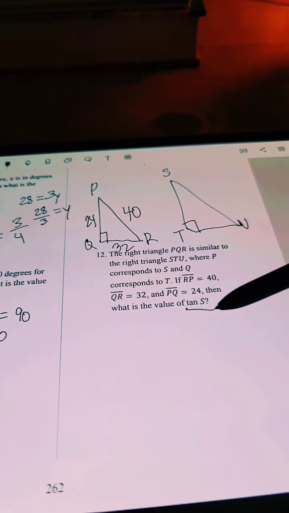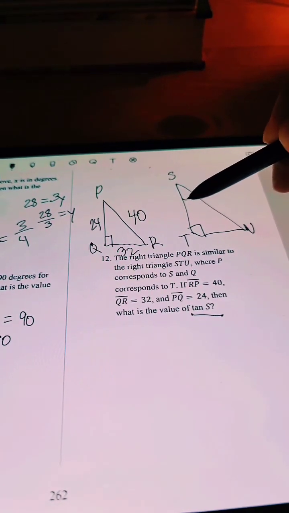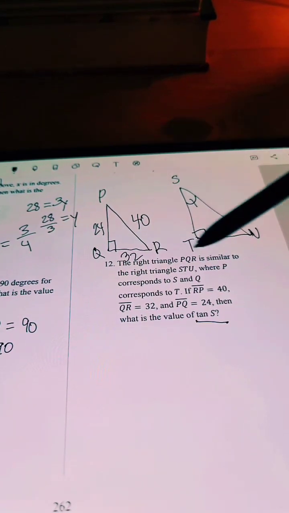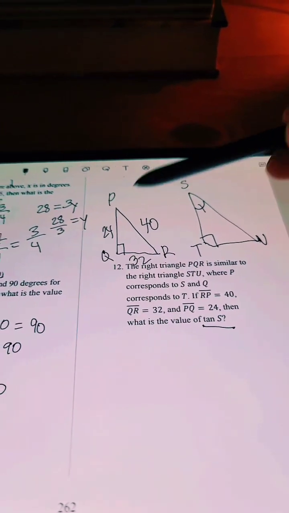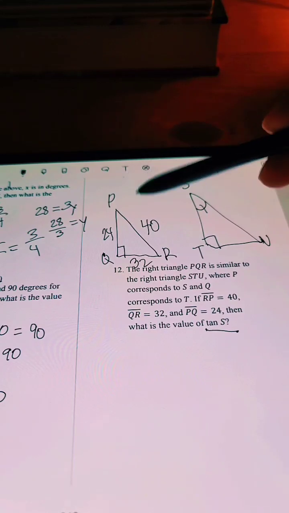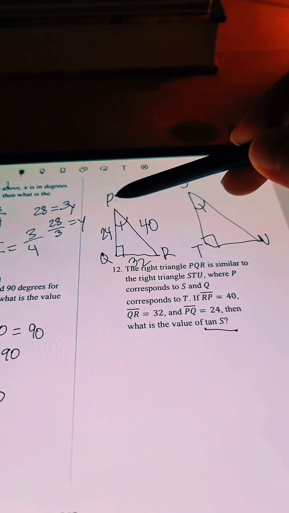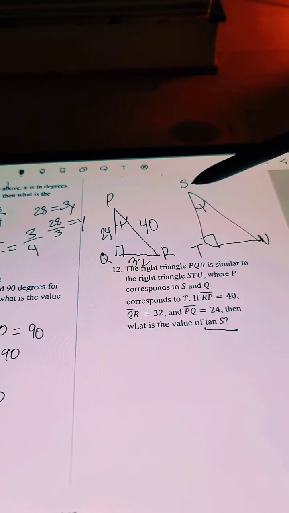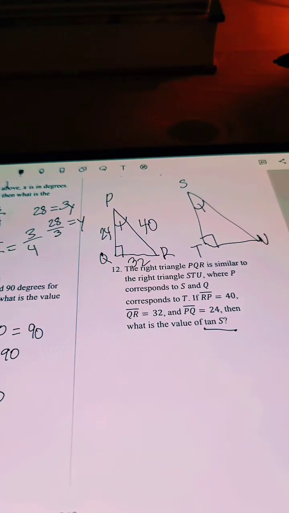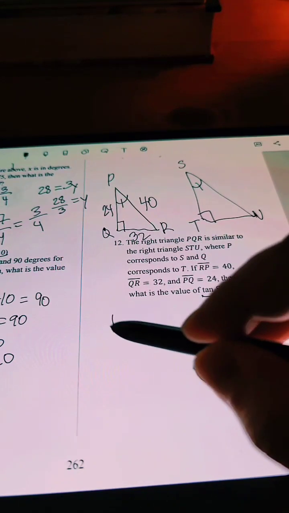So we want to find tangent of S, so the tangent of this angle. Now, again, they're similar triangles, so if S corresponds to P, that means that their tangents should also be equal. So if I find out the tangent of P, I know the tangent of S because they're the same thing. So let's do that.